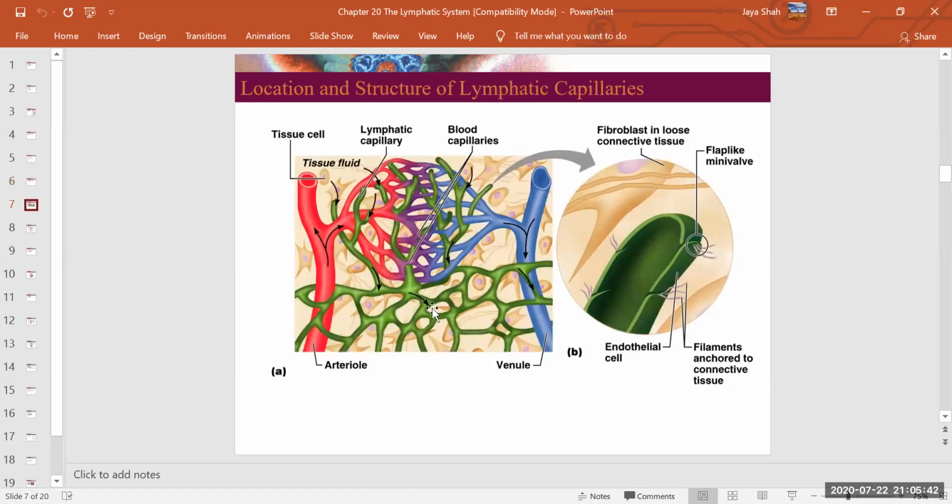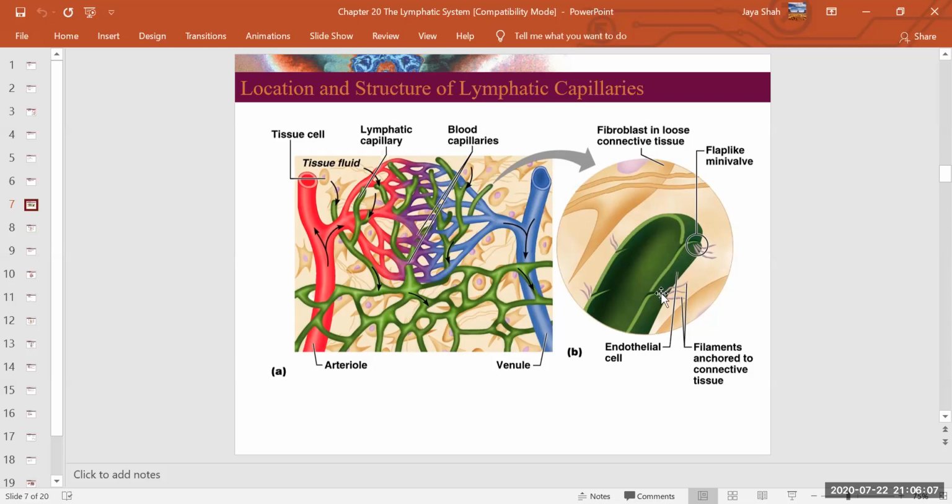So let's talk about the lymphatic vessels. This is the location and structure of lymphatic capillaries, the smallest lymphatic vessels. In the connective tissue, you have capillaries, the artery, and then capillaries, and then the veins. When they lose some fluid in the tissue, the lymphatic capillaries, which are blind-ended, pick it up. There is no opening, okay?